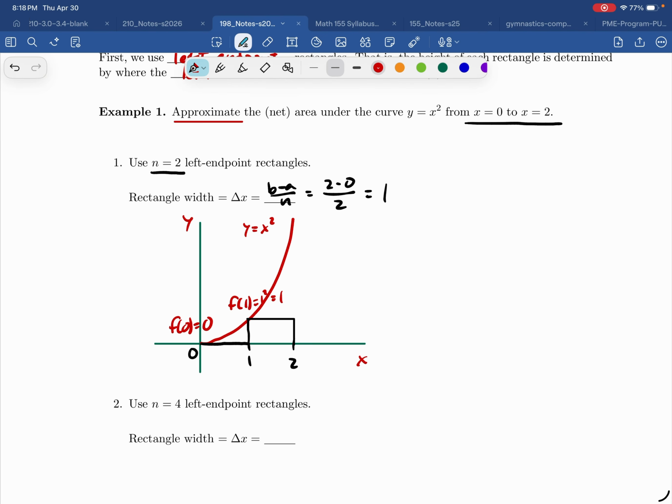So anyway, the area under this curve approximately equals, so we're going to say, well, what is the length times width? Well, the length is going to be f of 0 times delta x, and I'll fill in this stuff later, plus f of 1 times delta x. So what's that going to shake out to be? Well, that's going to be 0 times 1, we said that.